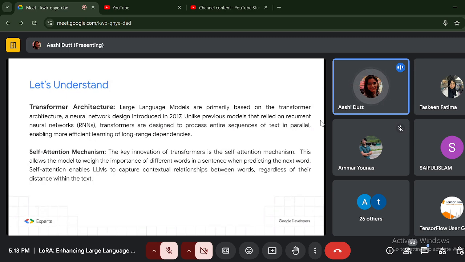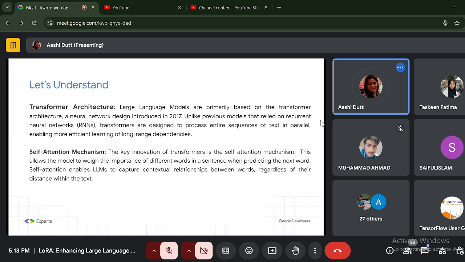They are based on attention mechanisms. How they work, we'll understand in the next couple of slides. But a self-attention mechanism is a very innovative mechanism through which the model gives weight or importance to different words at different times in a given sentence so that it can predict the next word.